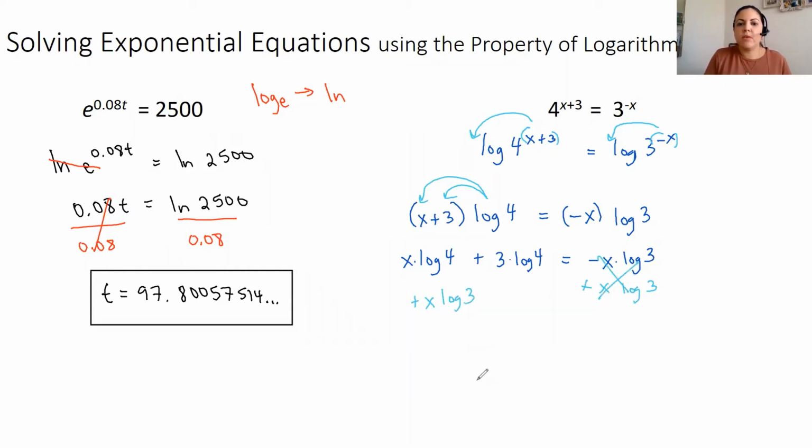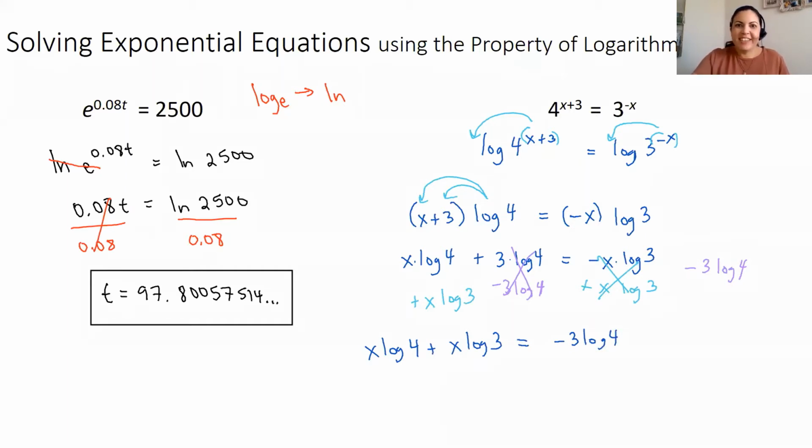I'm also going to take this constant and subtract it on both sides. So I'm moving my constant terms to the right, and I'm moving my variable terms to the left. So what I have now on the left is x log 4 plus x log 3. On the right-hand side, we have negative 3 log 4.